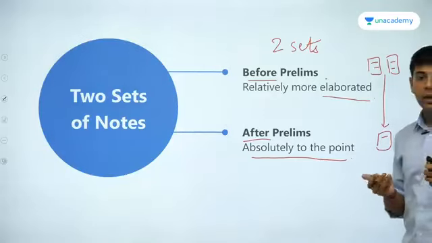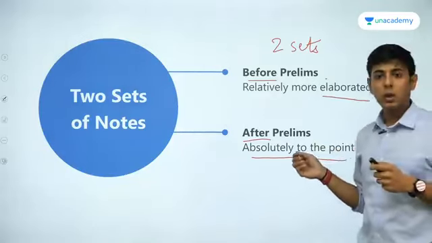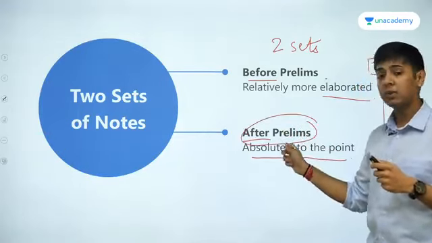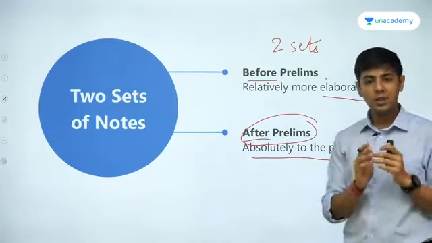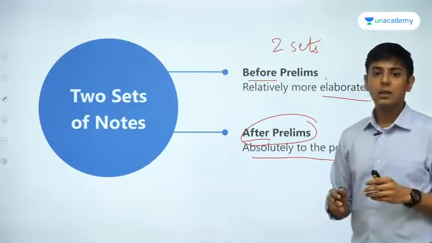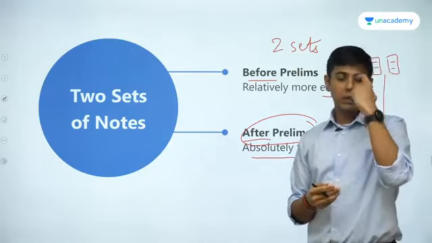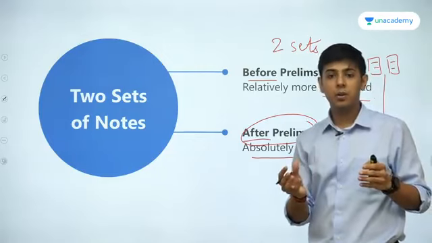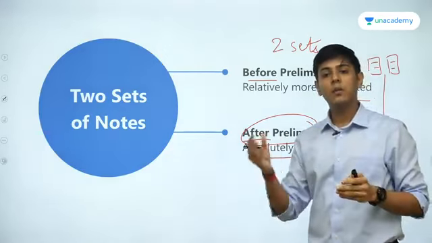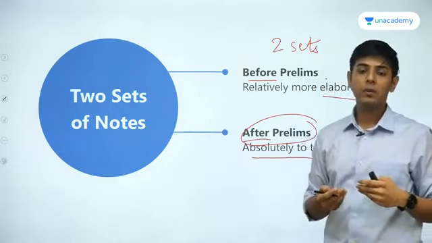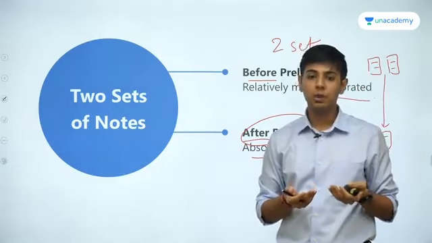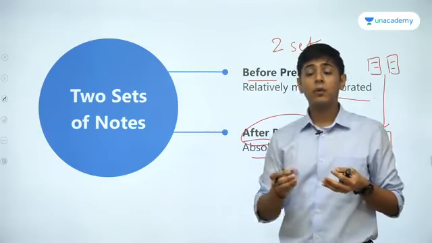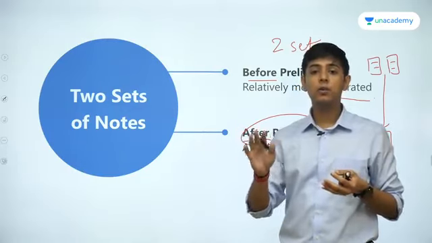You might be wondering, why did I make two sets of notes? Why couldn't I start directly from here? I should have made direct absolute to the point notes. But there's a reason for this. Often there are topics which you prepare before prelims, and then there's a sufficient time gap before you take up these topics after prelims. Suppose I have read the topic internal security in November, but now I am going to read it again after 4-5 months, after 6 months, when I have qualified prelims.